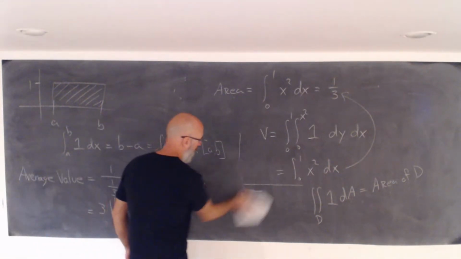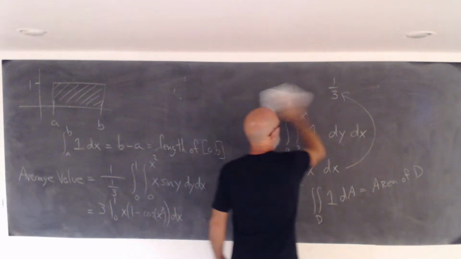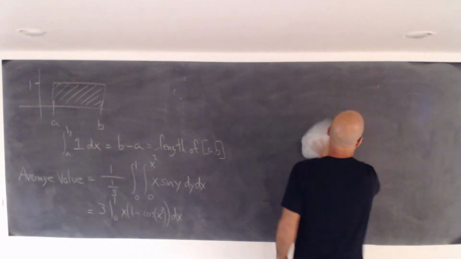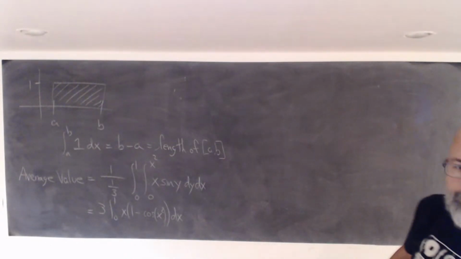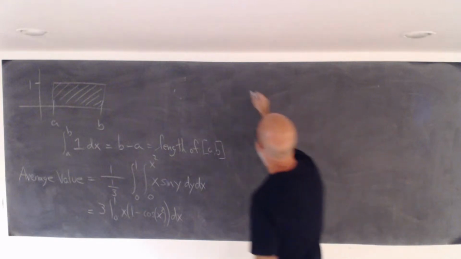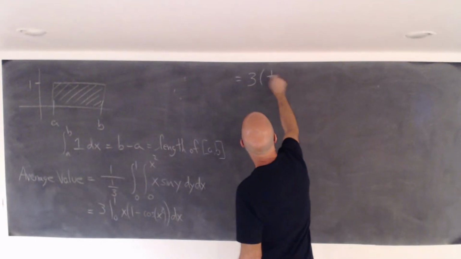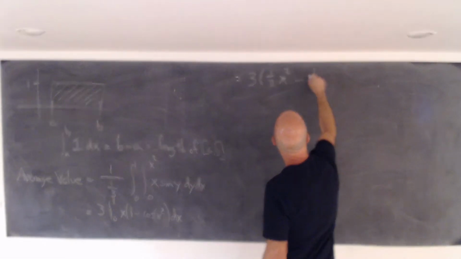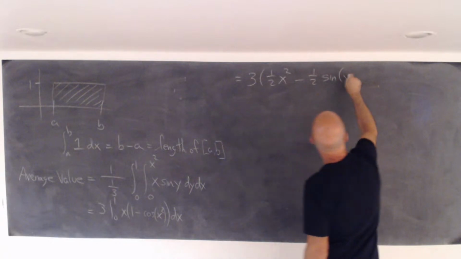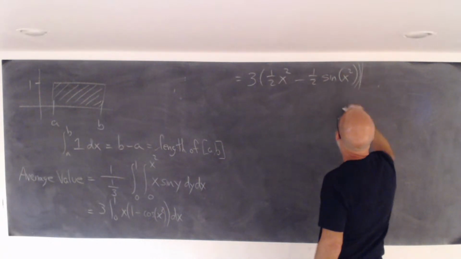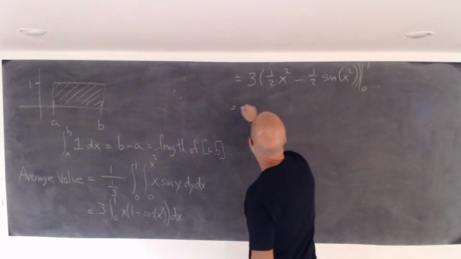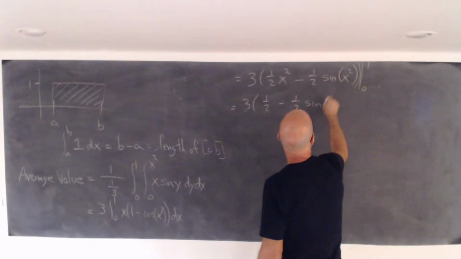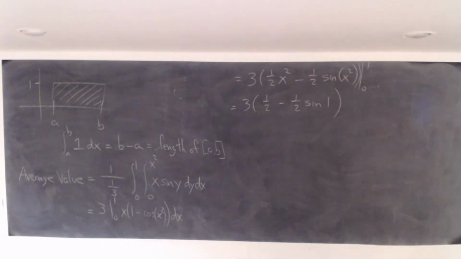I think that's right. And let's finish that up. 1/2 x squared minus 1/2 sine of x squared between 0 and 1. There it is.